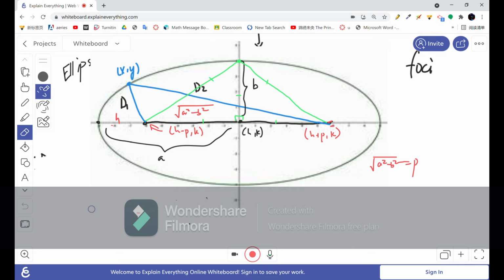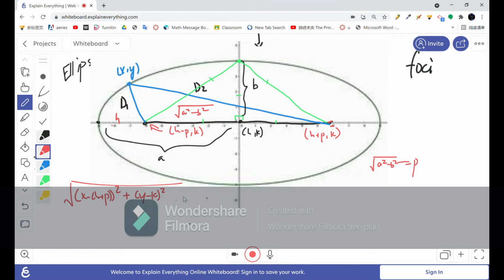Let me erase this out. So we'll have the square root of (x minus (h minus p)) squared plus (y minus k) squared, since this quantity is always going to be constant, plus the square root of (x minus (h plus p)) squared plus (y minus k) squared.